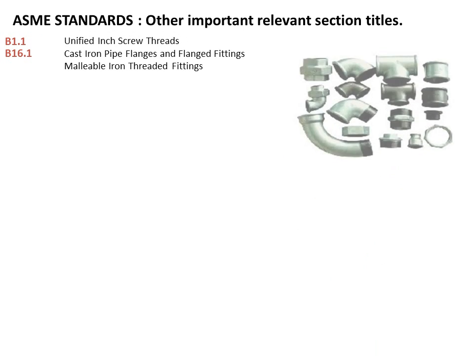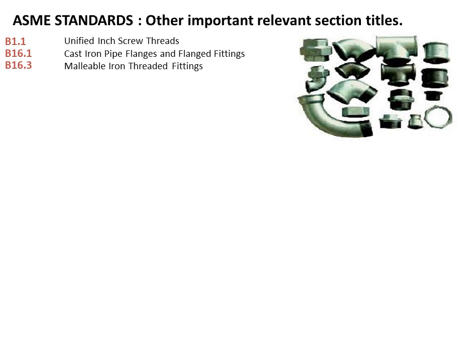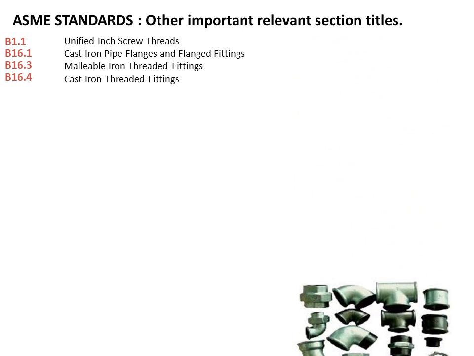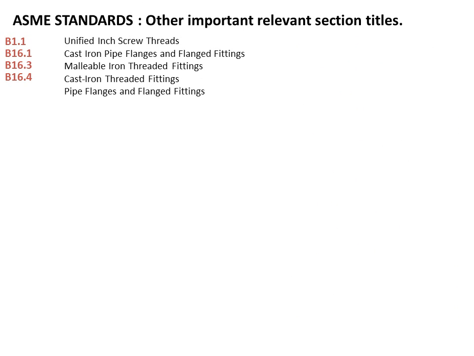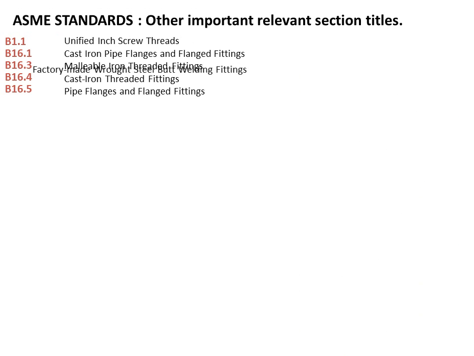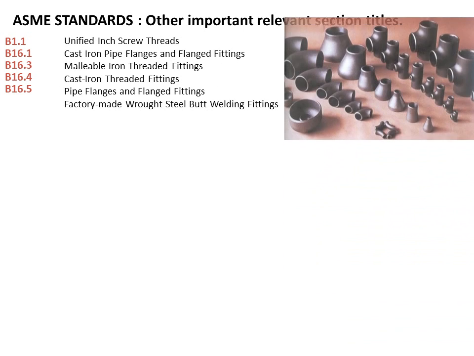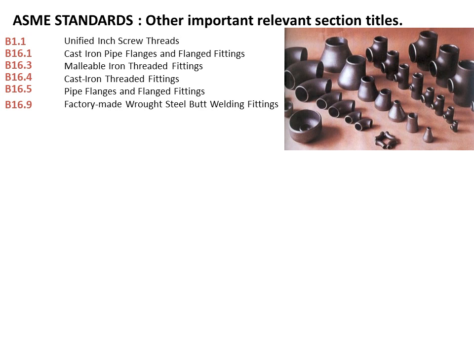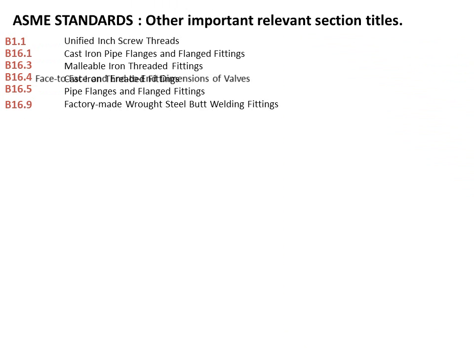For malleable iron threaded fittings, we have B16.3. For cast iron threaded fittings, we have again B16.4. For pipe flanges and flange fittings, B16.5 standards. Factory-made wrought steel butt welding fittings are contained in B16.9.